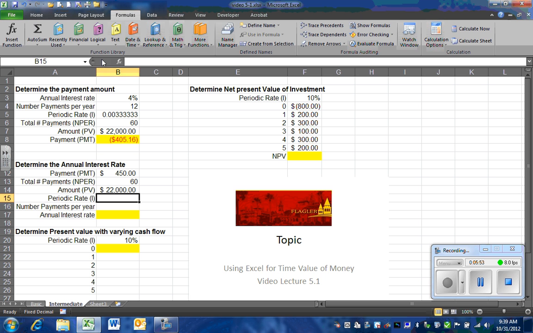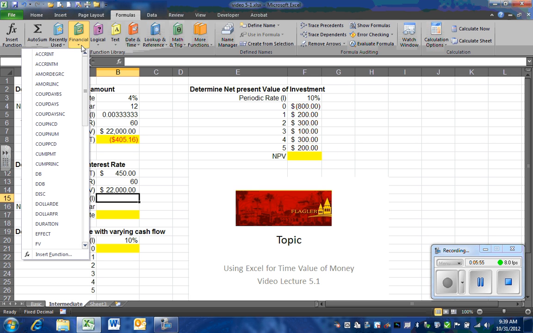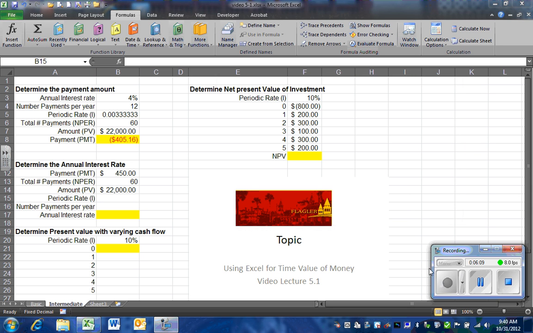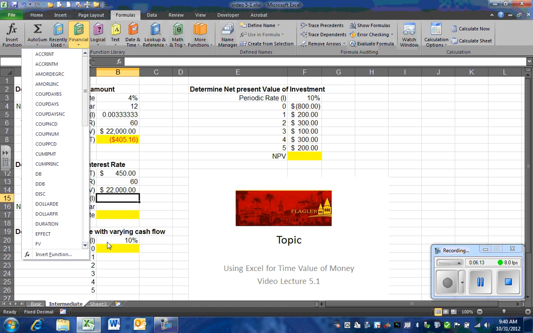Now we can use the Excel function under financial for interest rate. Excuse me, I misspoke. The function that we're going to use isn't for the interest rate. That is for an investment.